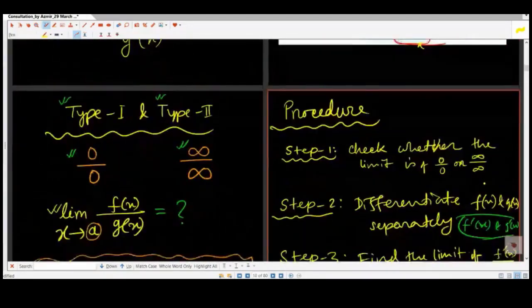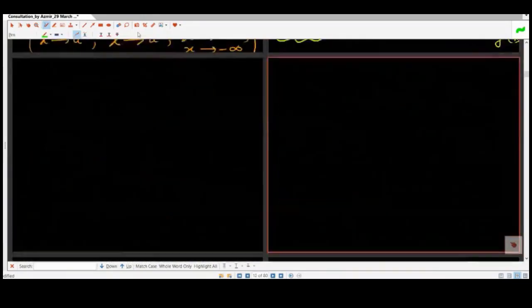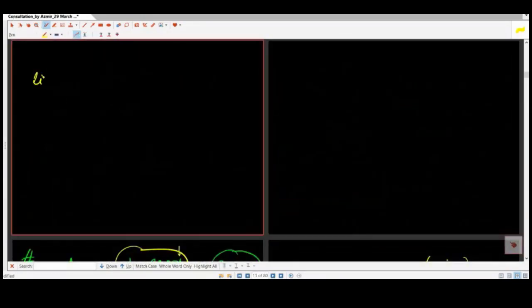So there are three scenarios here. So we can say that if we have to evaluate the limit of f of x over g of x as x approaches a, then we have to first check whether it is of 0 over 0, infinity over infinity or not.